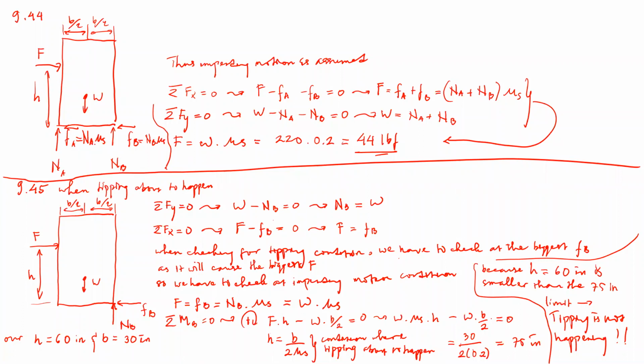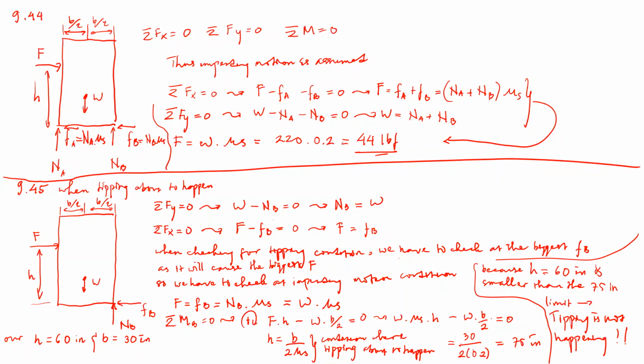So we have 3 unknowns, and because it's not a point equilibrium, we have 3 equations: sigma Fx equal to 0, sigma Fy equal to 0, and sigma moment equal to 0.